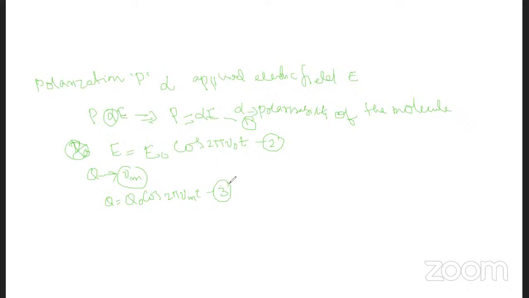Now the alpha, that is the polarizability of the molecule, can be expressed in a Taylor series in the normal coordinates Q. So what is alpha? The polarizability of the molecule.